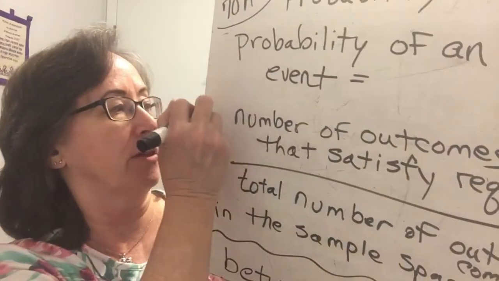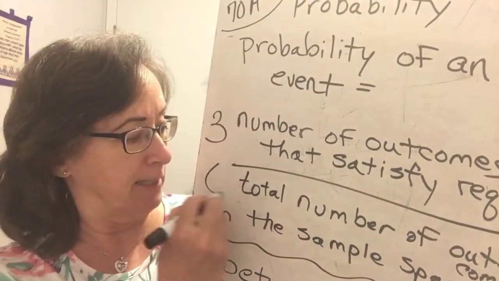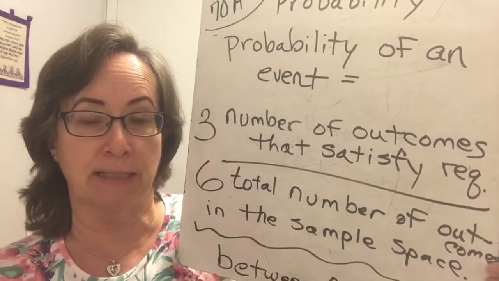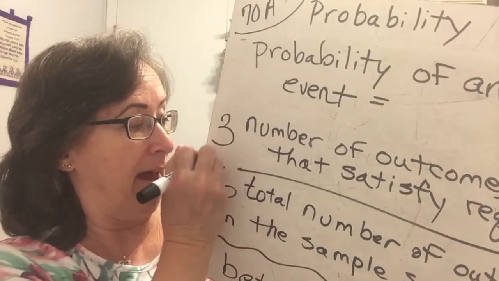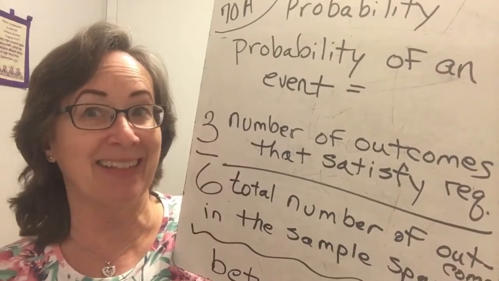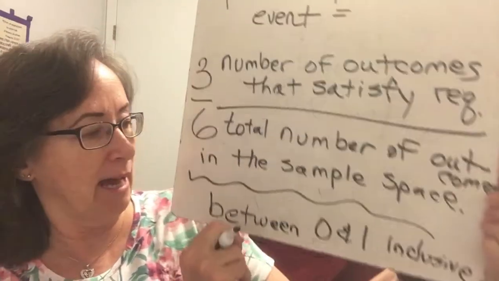So I would have 3 odd faces out of 6 total faces. So 3 over 6, or 1/2, would be the probability that I would roll an odd number on a die.